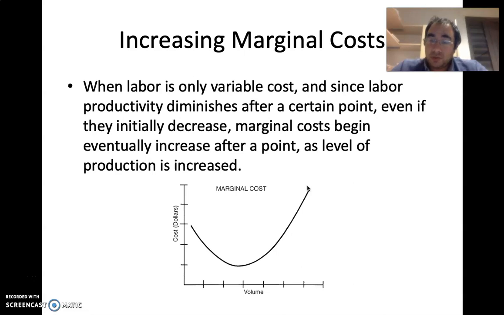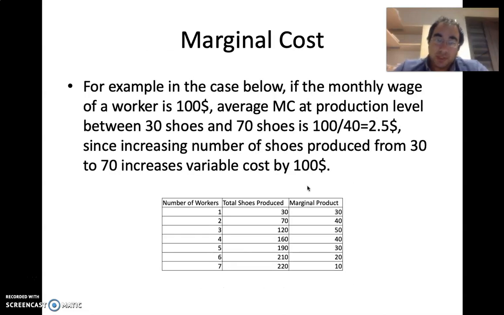Why is it so? Well, easily you can see that for each worker we are paying, for example, $100. For these 40 units, for example, the marginal cost is 100 divided by 40, because by paying $100 to this additional worker, you are basically getting 40 units, so your marginal cost is 2.5 in this case.